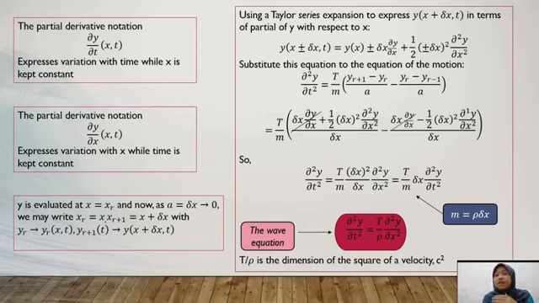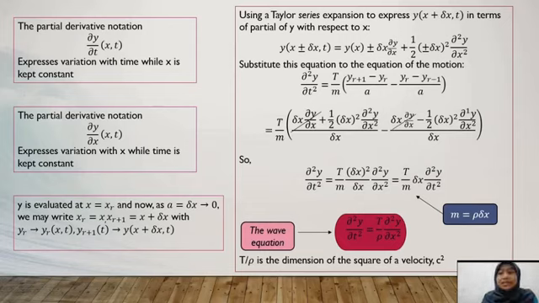we get that the second order partial derivative of y with respect to t is equal to T over m, delta x squared over delta x, multiplied by the second order partial derivative of y with respect to x.